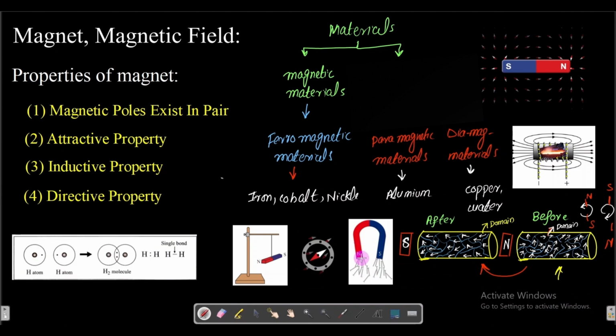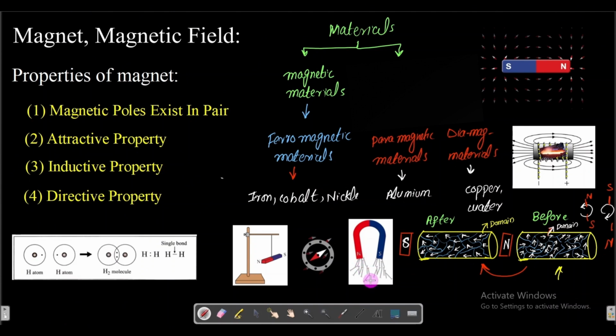When the nail is touched with this permanent magnet, the domains inside the nail will be aligned, the electrons will be aligned in a specific direction, due to which the nail will also behave as a magnet.